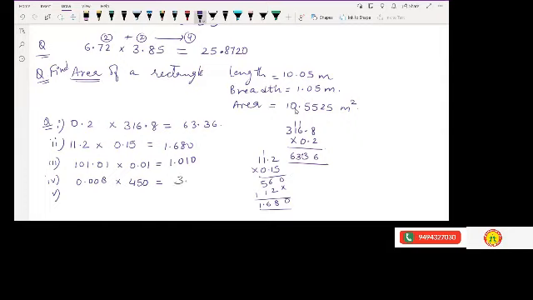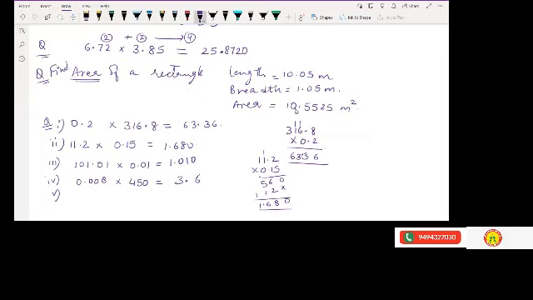Are you getting this? 0.008 multiplied by 450. No one gave me this answer. Please check. Yes, children. Ma'am, yes, ma'am, I also got the same.